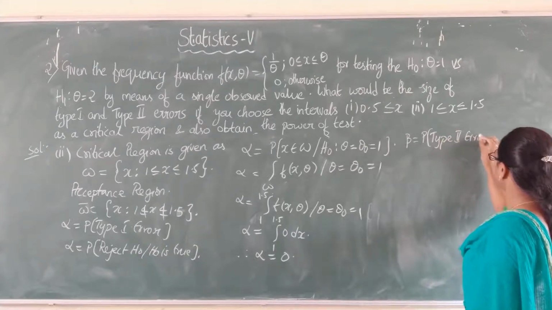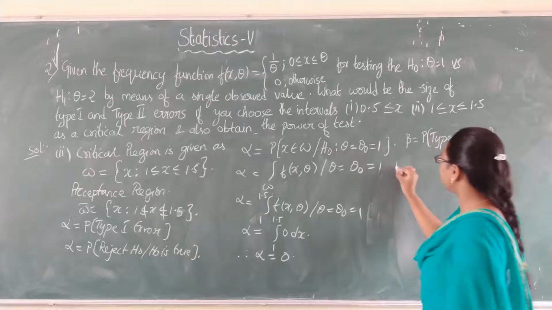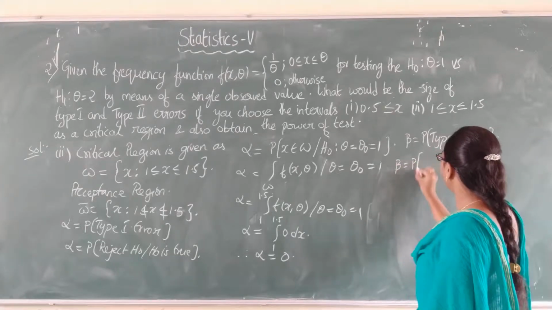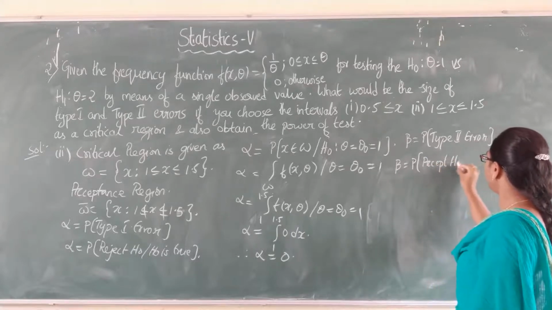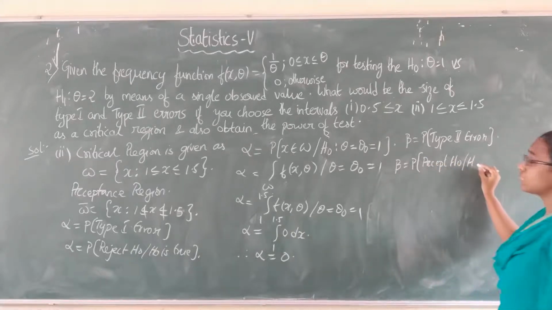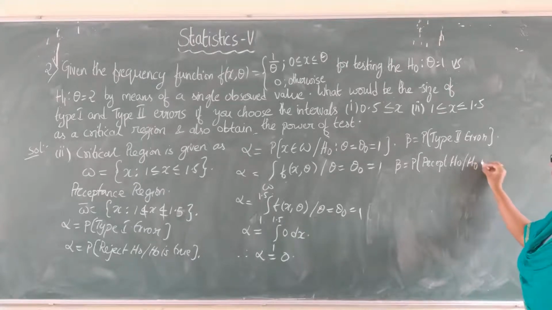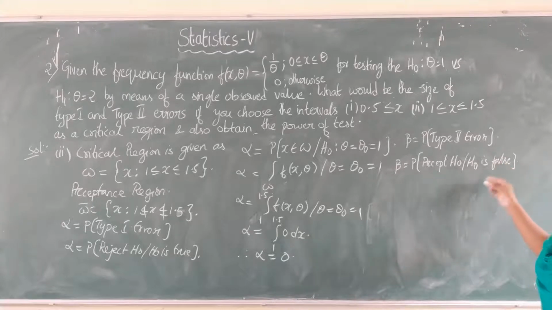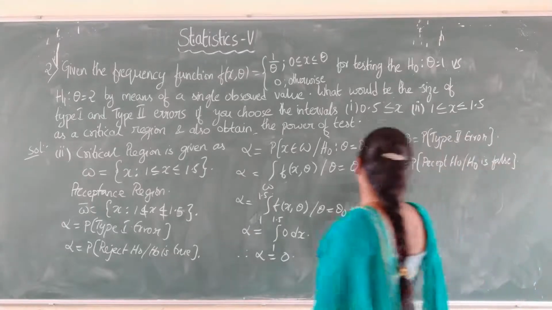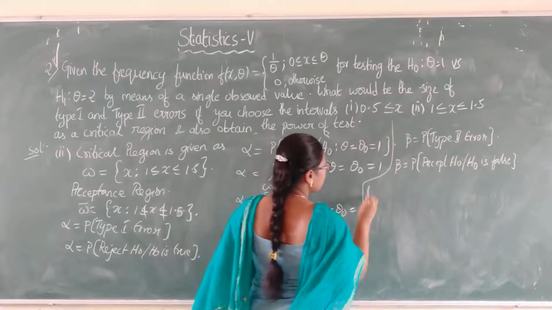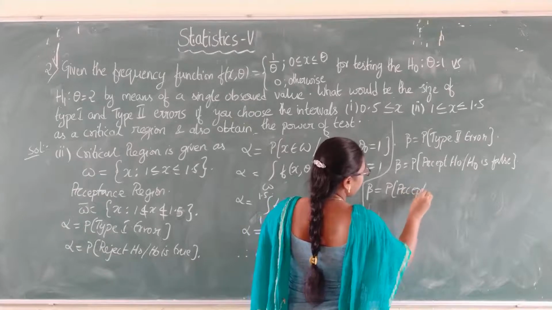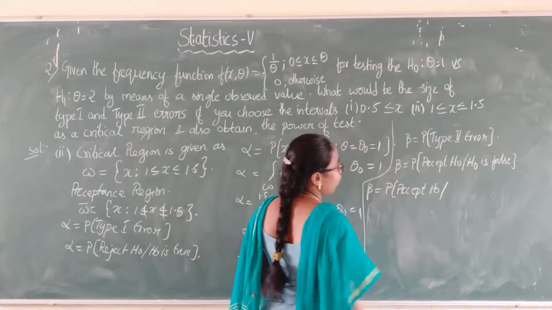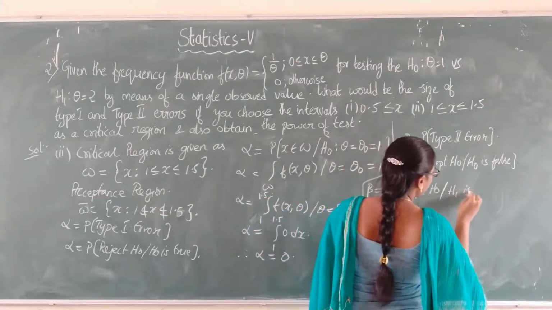So what is type 2 error? Beta equals to probability of accept H0 when H0 is false. H0 is false means H1 is true. So which implies beta equals to probability of accept H0 when H1 is true.